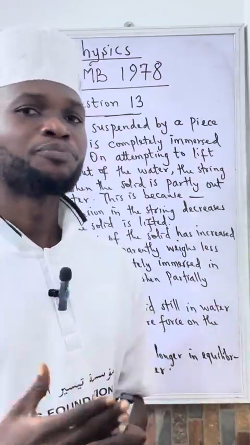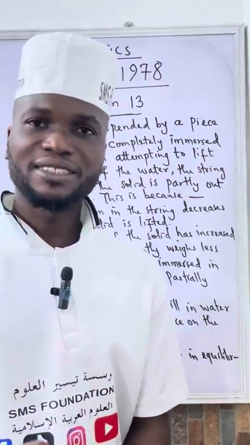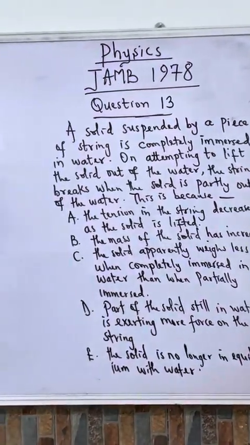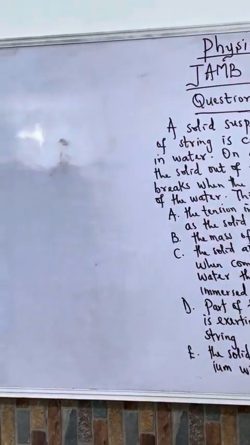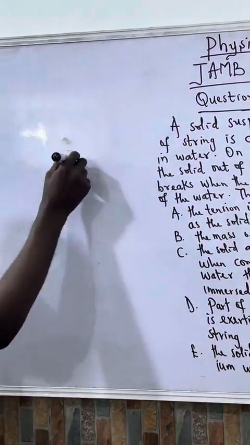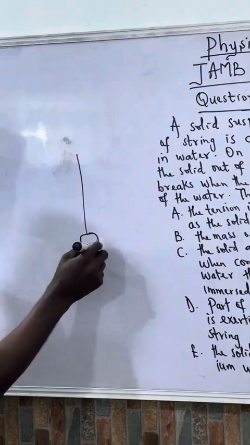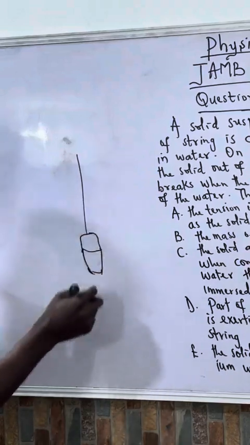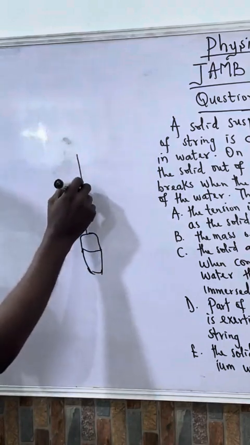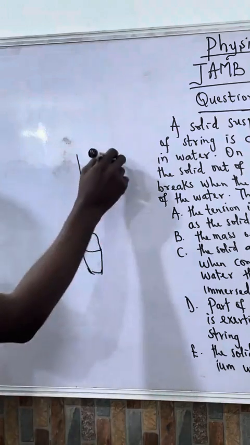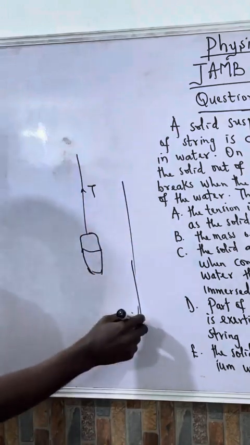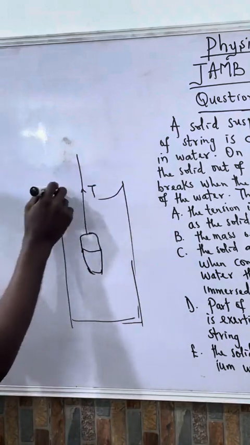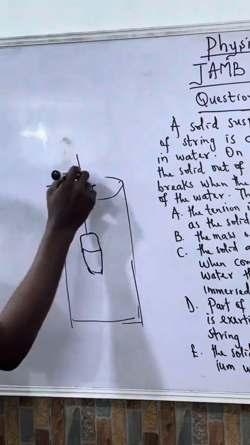Now, when an object is immersed in a fluid, let me make a small drawing of that. For example, if this is a bucket tied with a rope, of course there will be a tension in the rope. Now, let's say you immerse it inside a container of water, like a well.